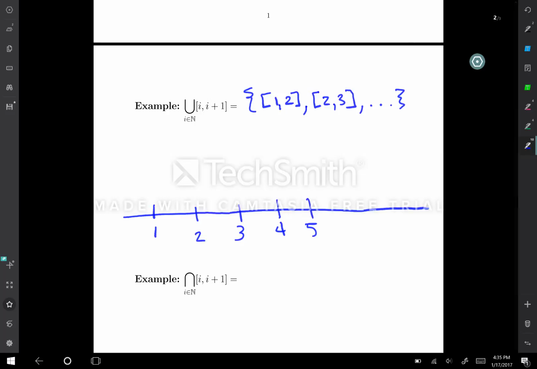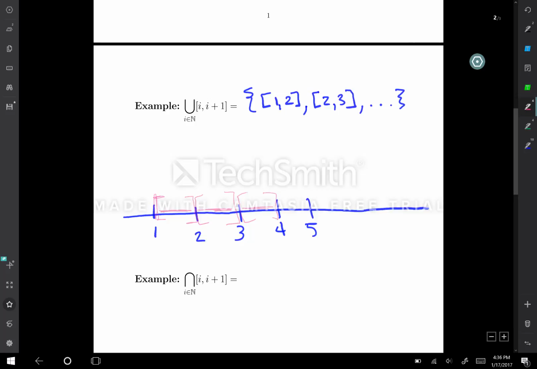So if we think about what this looks like on our number line, it's everything between 1 and 2. That's our first interval. The next interval goes from 2 to 3, with those endpoints included. The next one would go from 3 to 4 and be included. Since we're interested in the union, we want to capture everything that's in one of these sets.